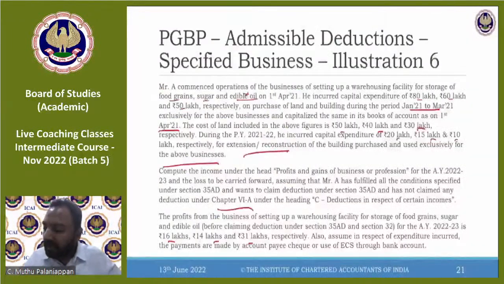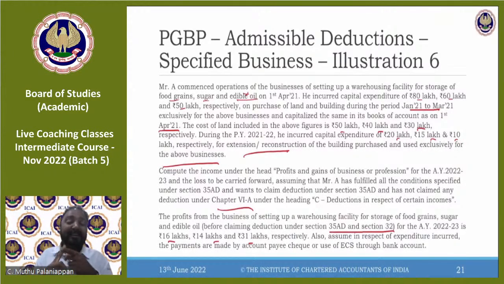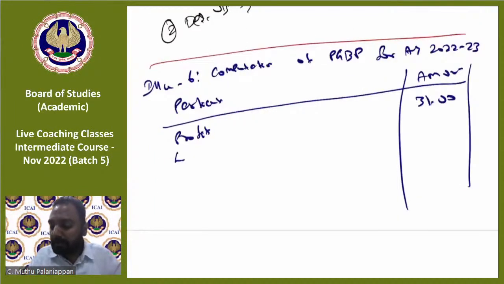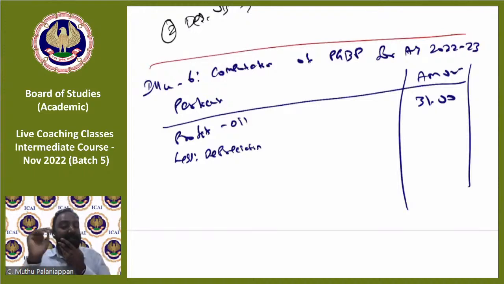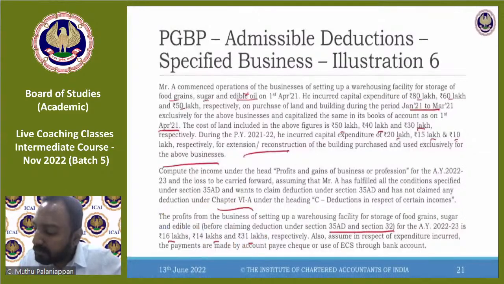In this, if you actually see, it says before providing deduction under section 35AD and 32. So 35AD is not provided, and 32 depreciation is also not provided. So now for edible oil, depreciation must be provided. Profit of edible oil. So depreciation under section 32. Depreciation is eligible only on building. There is no depreciation on land. So total investment is 50 lakhs for your edible oil.